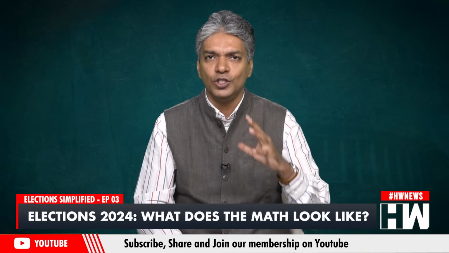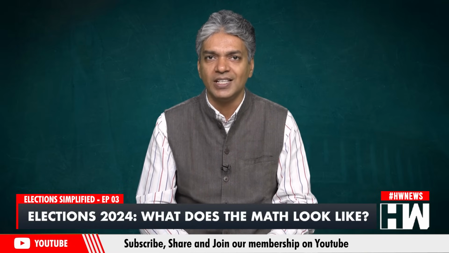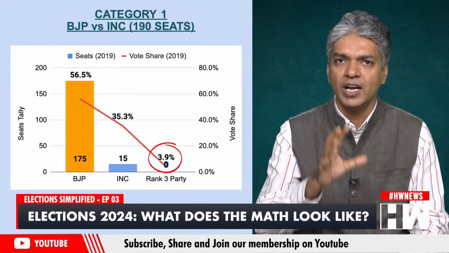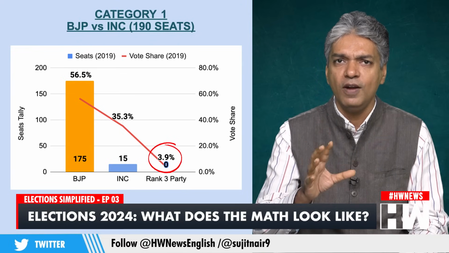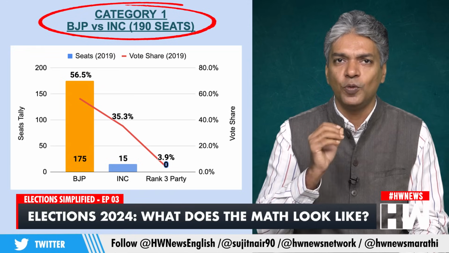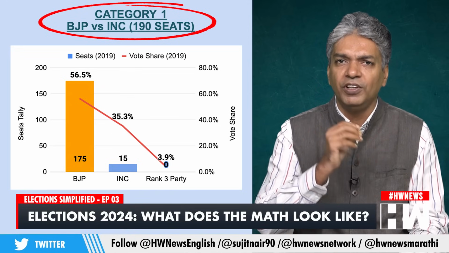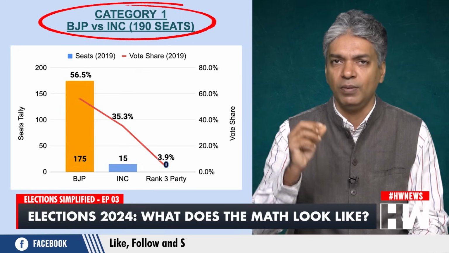Now the BJP enjoys a big lead of more than 20% in terms of vote share in these seats. The 4% vote share of the third party indicates that these 190 seats are likely to be primarily a BJP versus Congress battle with limited role of regional parties.